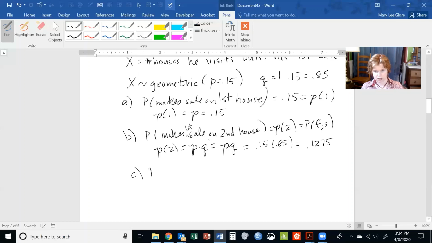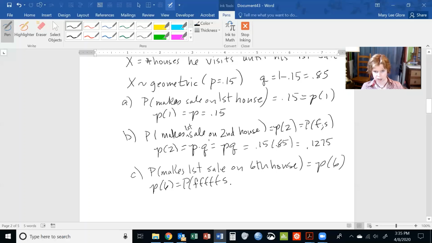What's the probability that he makes his first sale on the 6th house? So P of 6 is the probability of having 5 failures and a success.